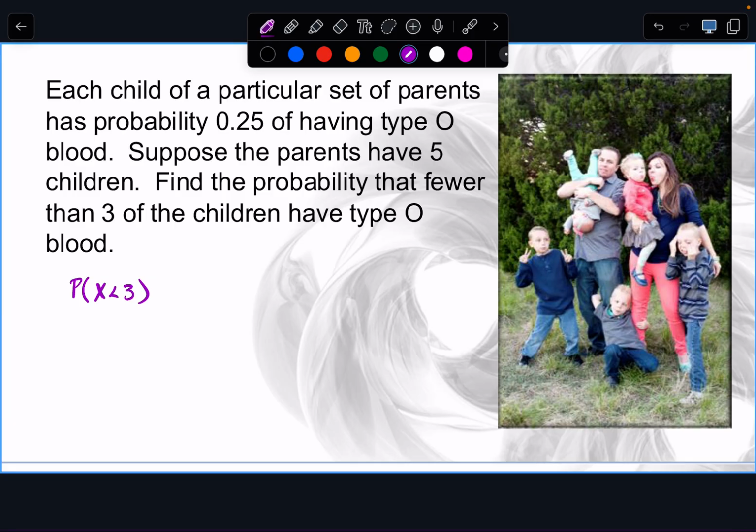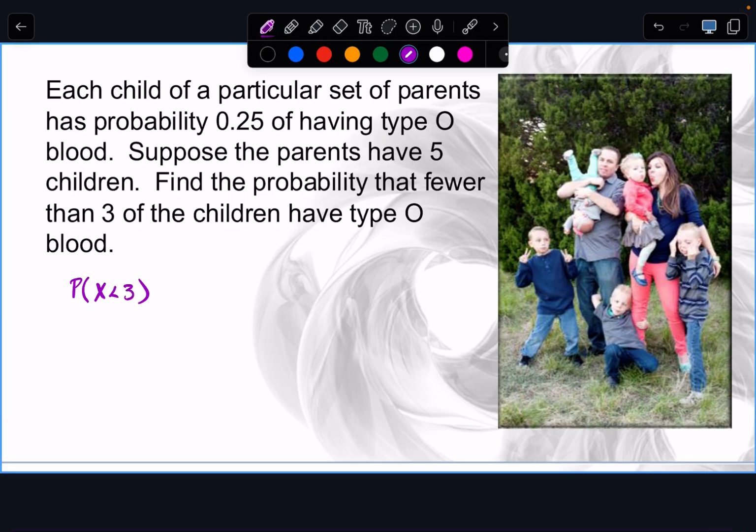There's 3 different outcomes. If I was going to use the formula, I'd have to use the formula once for 2 children. 5 choose 2, 0.25 to the second, 0.75 to the third. Then I'd have to do it for 1, then I'd have to do it for 0. And then what would I do with those 3 probabilities? Add them together. I want one or the other or the other. So attacking this with the formula is probably not your best option. It's going to be a lot more time consuming, a lot more setup.